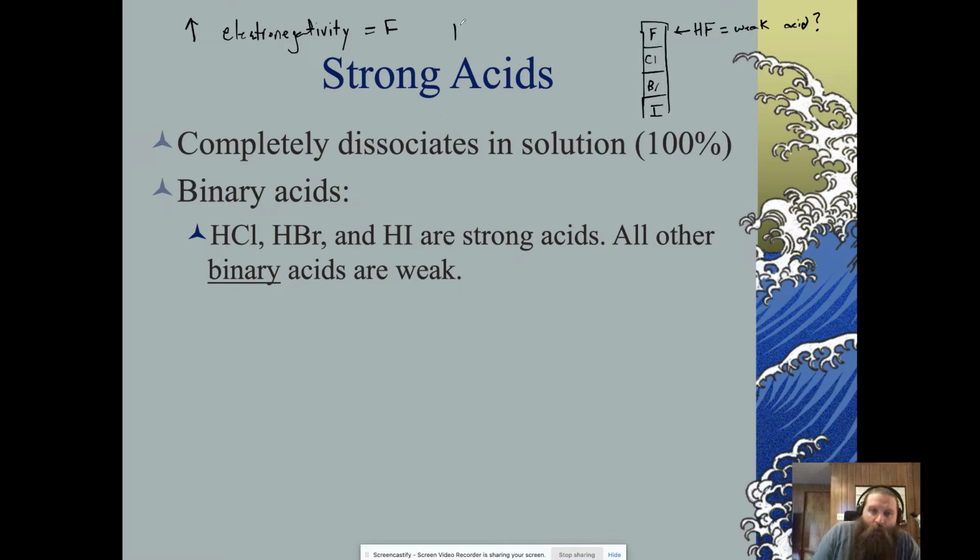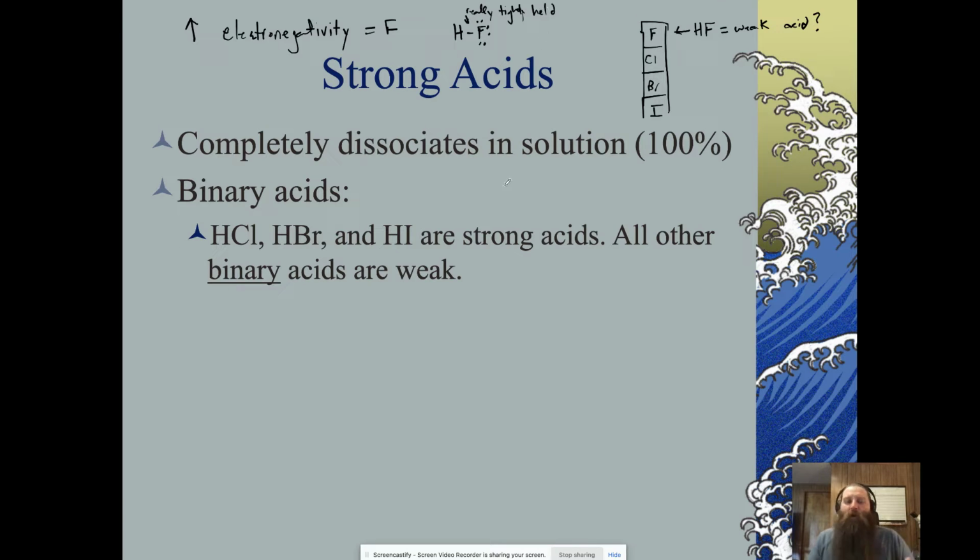And so in HF, because fluorine is so electronegative, this bond is really tightly held.